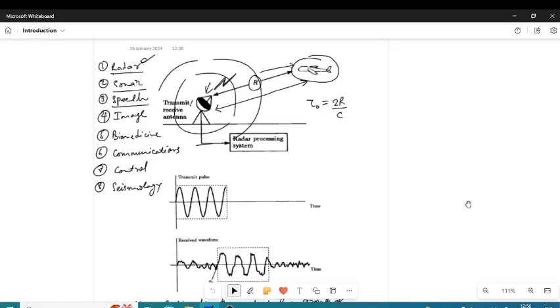So it travels a distance of R plus R, that is 2R, and c is the speed of light. So if we can estimate tau zero, we can get an idea of the value of R. If we know tau zero, then R equals c tau zero over 2.